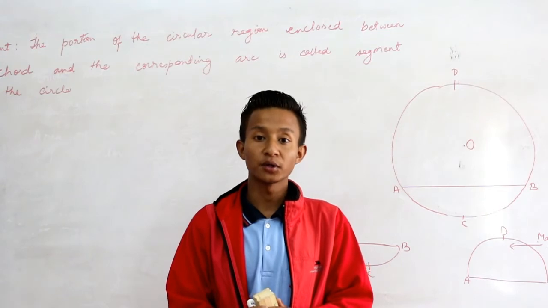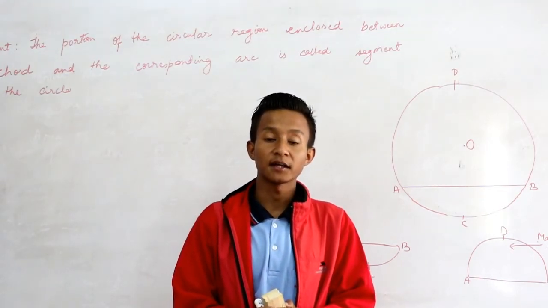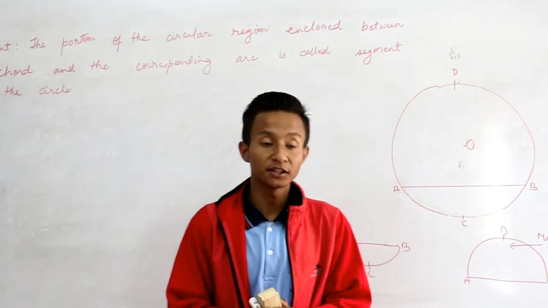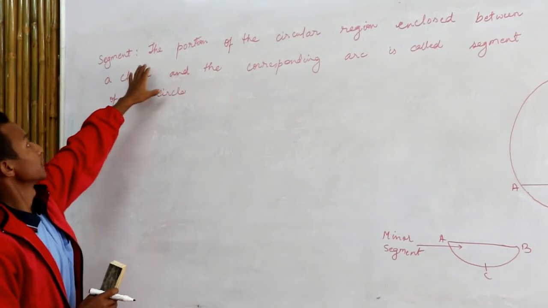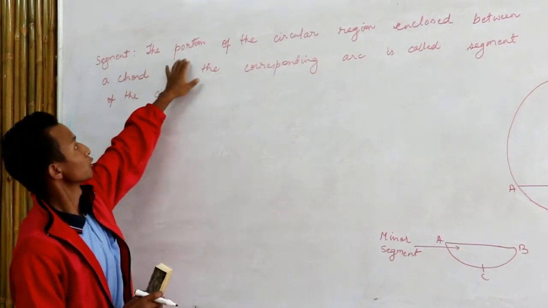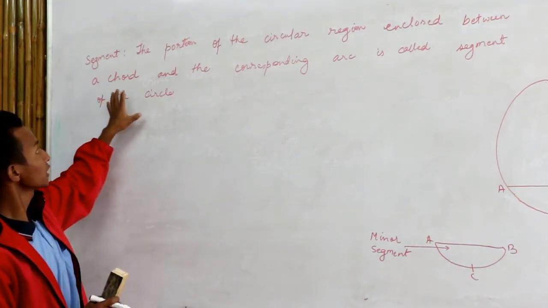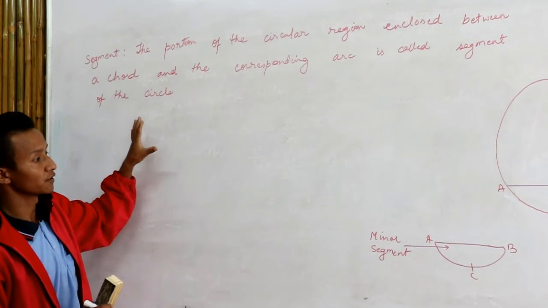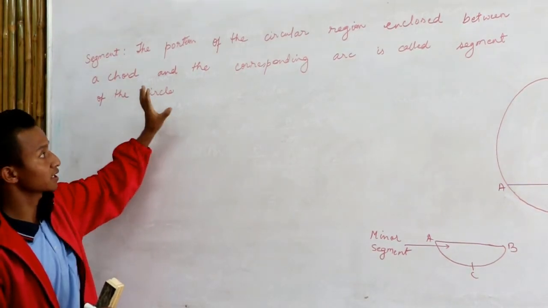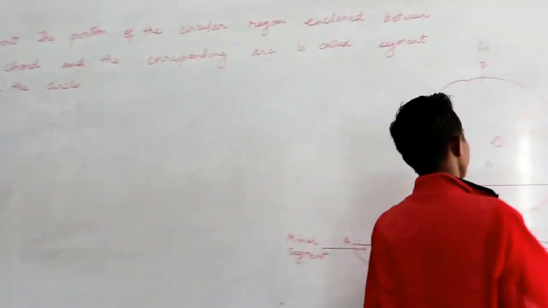Now I'm going to discuss the segment of a circle, and let us have a look at the definition. The portion of a circular region enclosed between a chord and the corresponding arc is called a segment of a circle. To understand this definition, let us have a look at the circle in this diagram.